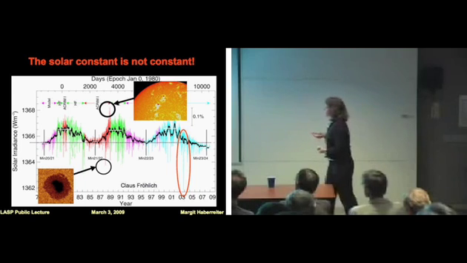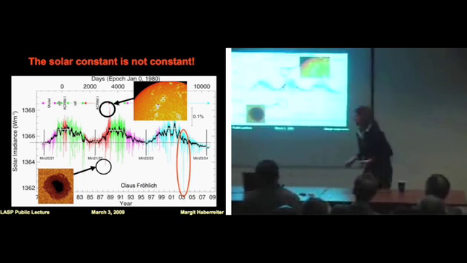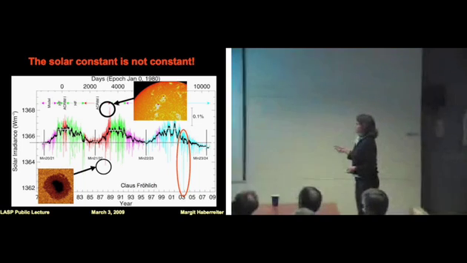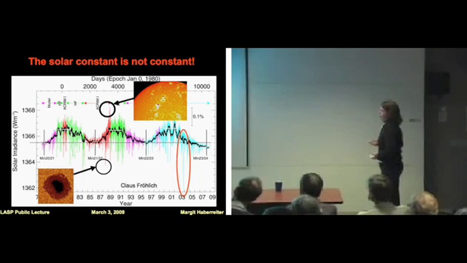And the scatter you see in this plot is not instrumental noise, but is due to all these solar features on the sun. So whenever there's a big sunspot, the TSI, the total solar irradiance, might decrease to a certain value.